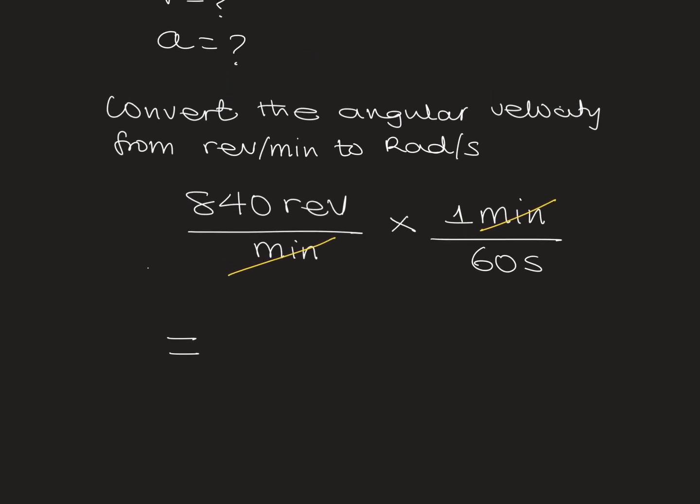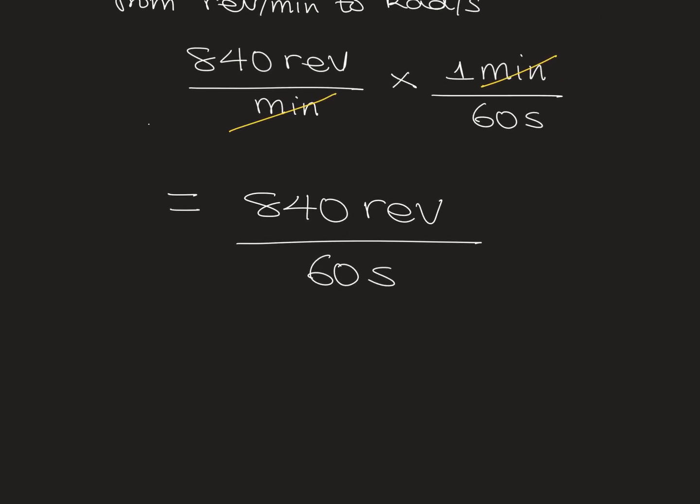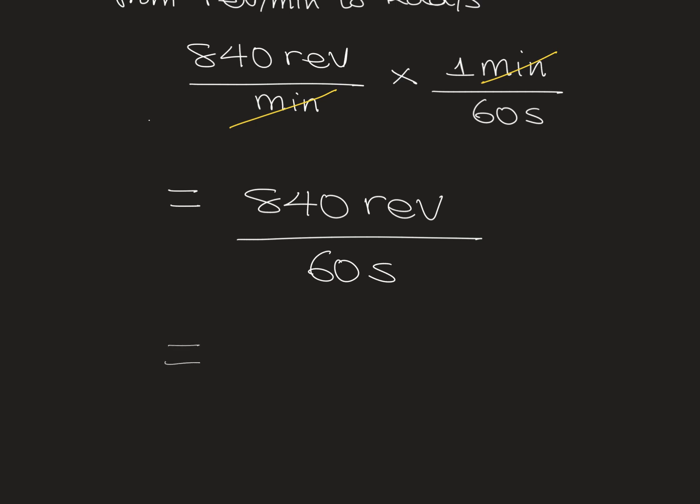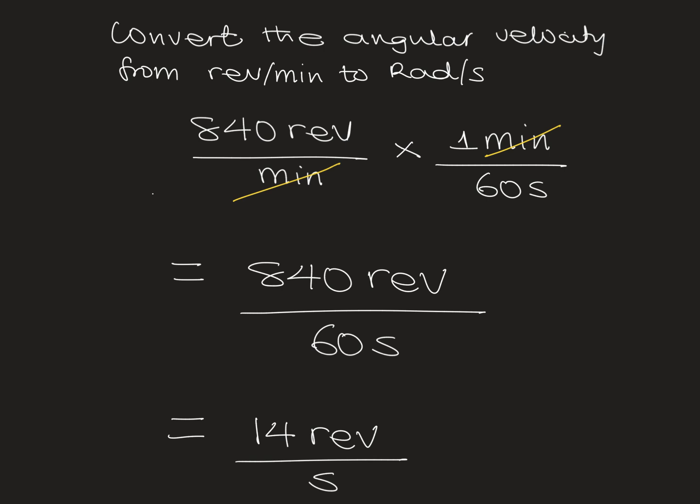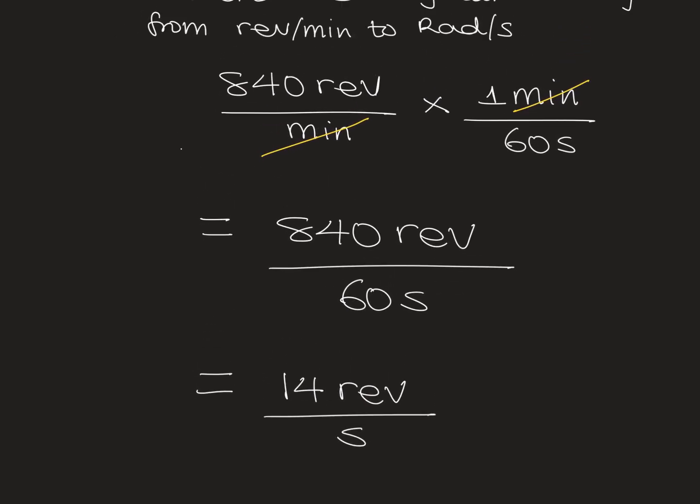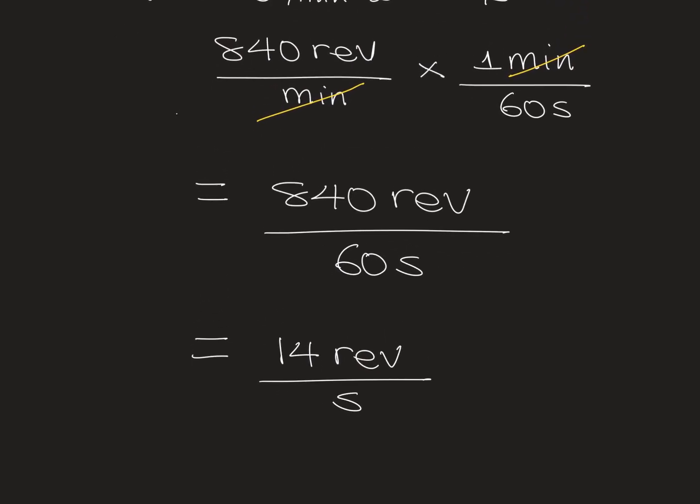So now we're going to have 840 revolutions divided by 60 seconds. So 840 divided by 60, that is 14 revolutions per second. So the angular velocity now is in revolutions per second.